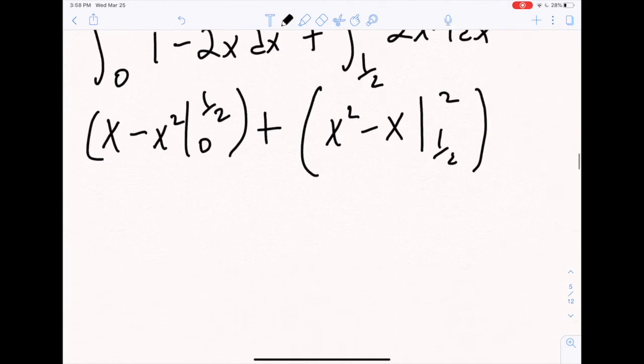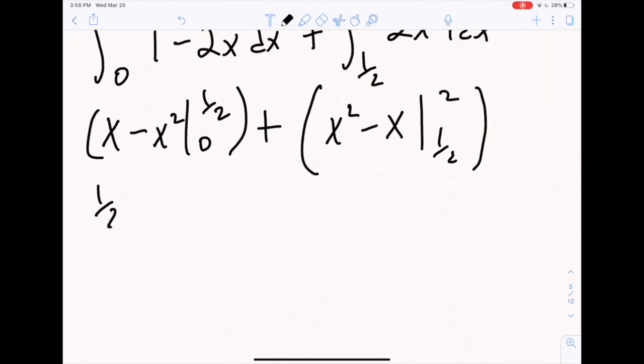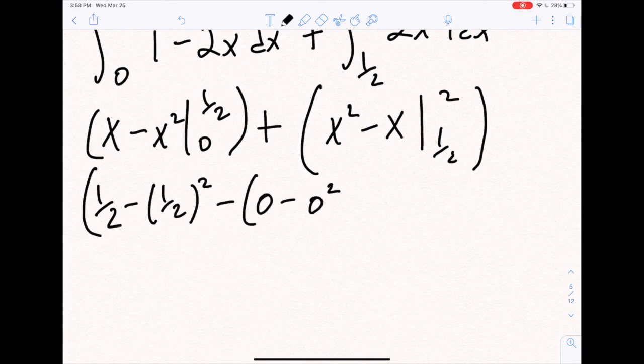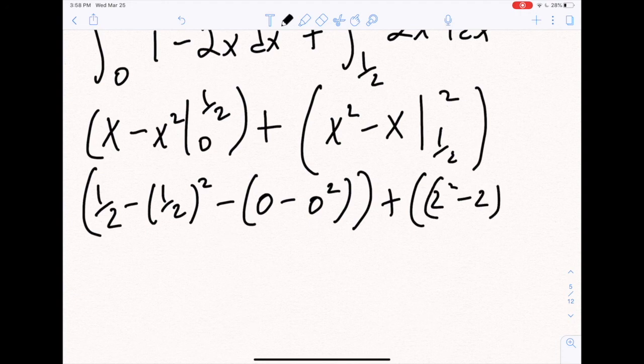So if we go ahead and solve those, we end up with 1/2 minus 1/2 squared minus 0 minus 0 squared plus 2 squared minus 2 minus 1/2 squared minus 1/2.